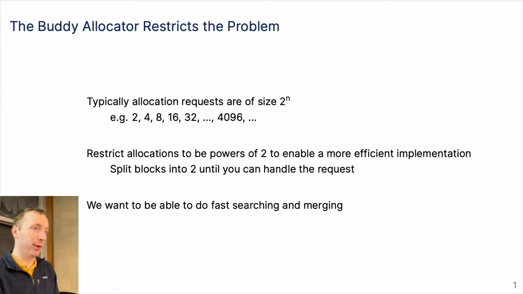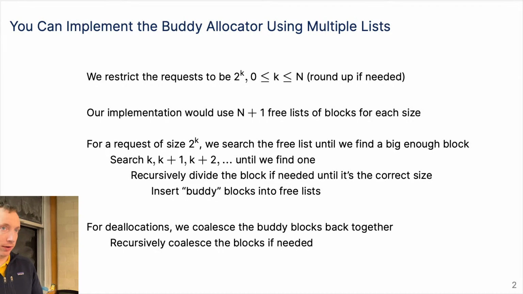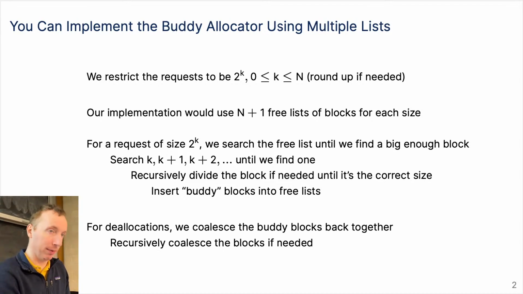This is the whole idea behind it: it restricts the problem and makes them buddies so that we can do fast searching and also fast merging. We can do them logarithmically.